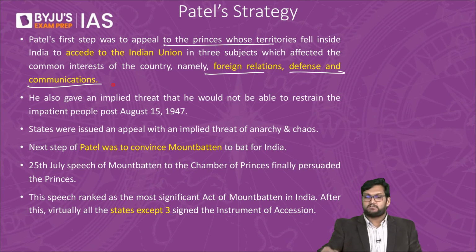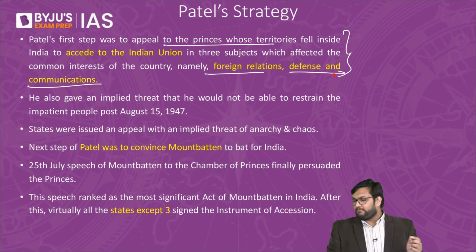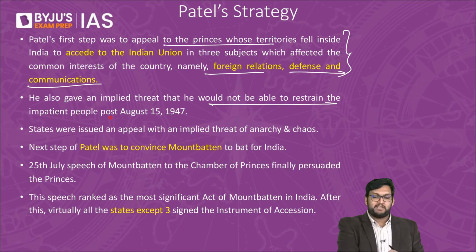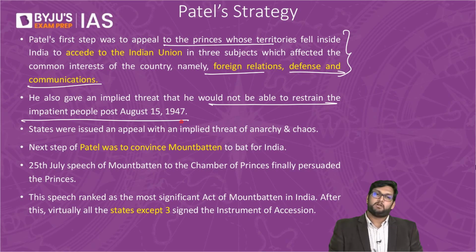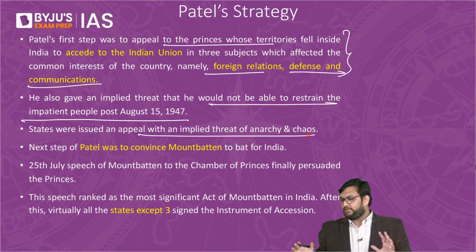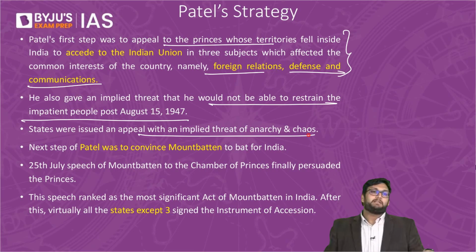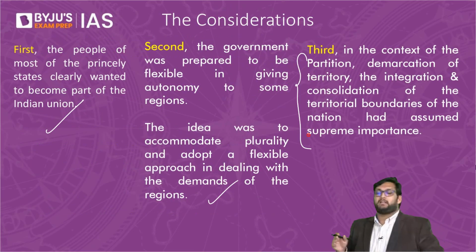Once he said that if you sign the instrument of accession, you get internal freedom. He also gave an implied threat that he would not be able to restrain the impatient people of India post August 15, 1947. And he said that I have a lot of intelligence coming from the British that there will be chaos and confusion very soon.